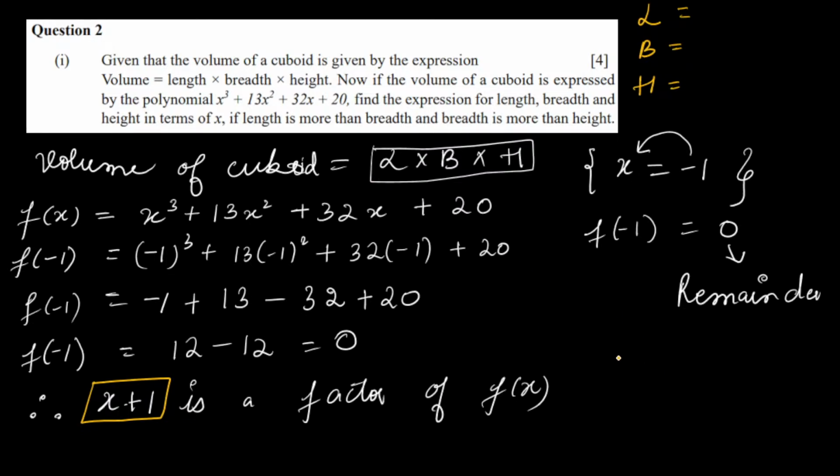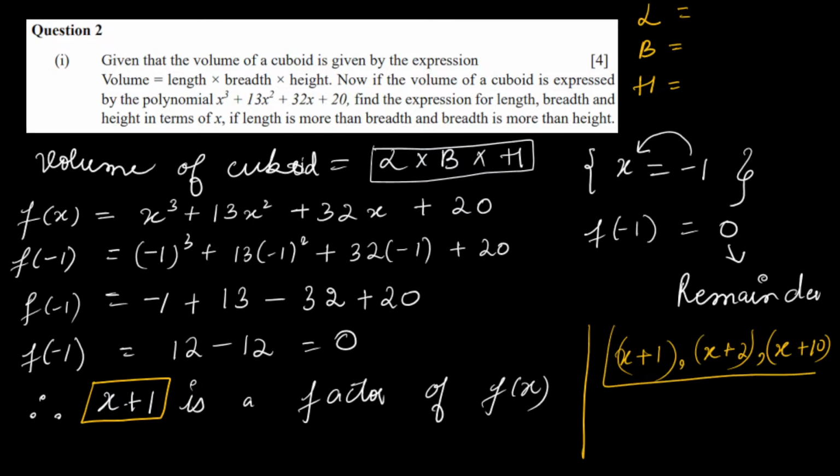Although we have found the factors now, the factors are x plus 1, x plus 2 and x plus 10. But we have to find the expressions for length, breadth and height. It is given to us that length is more than breadth and breadth is more than height. So what is the length then? We got three factors, x plus 1, x plus 2 and x plus 10.